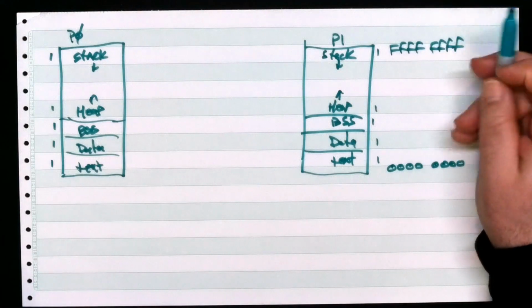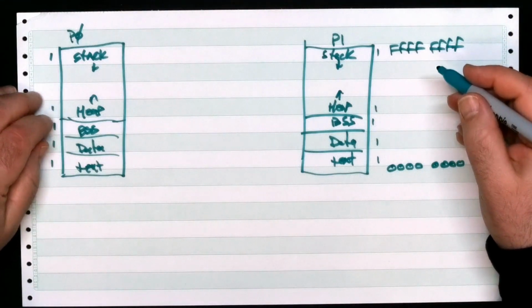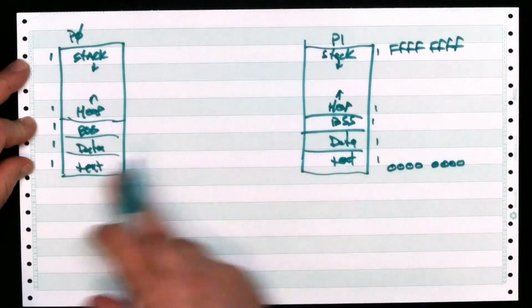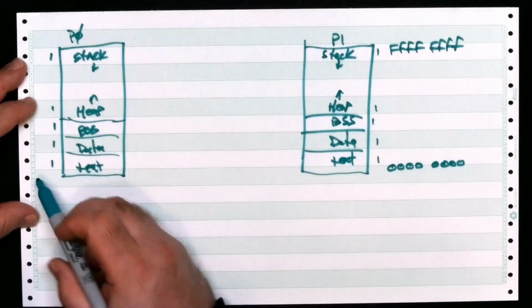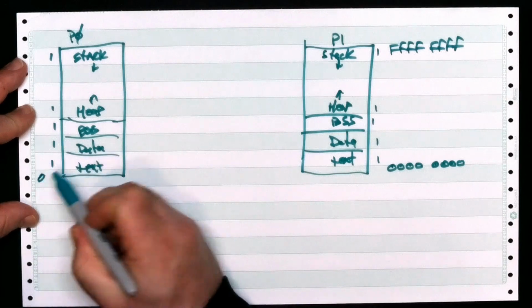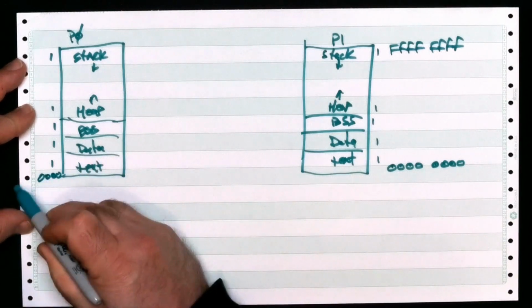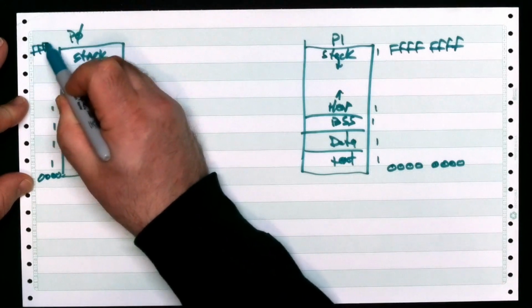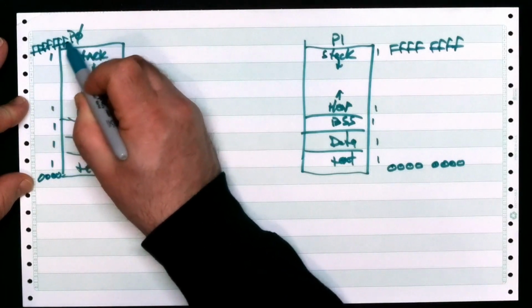All right? So what happens with this guy here and this guy here? I'm going to abbreviate the addresses here, right? So this guy is going to be 0 followed by 0, and then it's going to go all the way up to F, F as well.